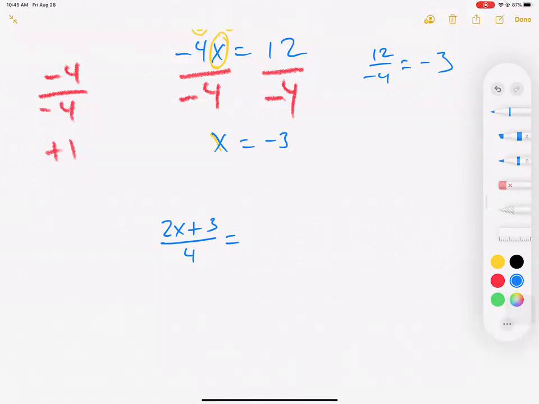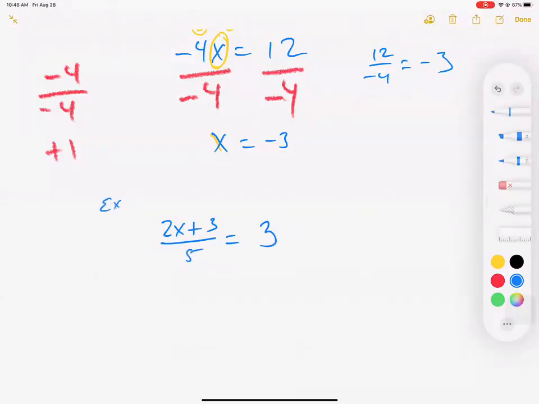I'm going to change this to a 5. Sorry, change this to a 5. Equals 3. Okay.